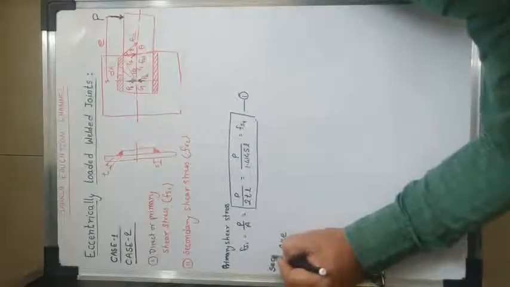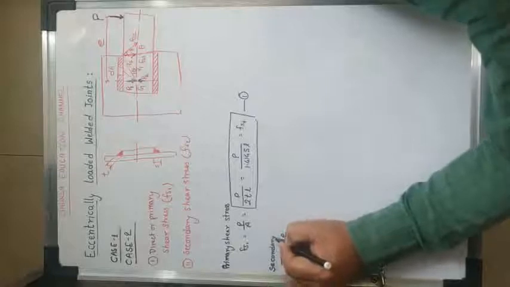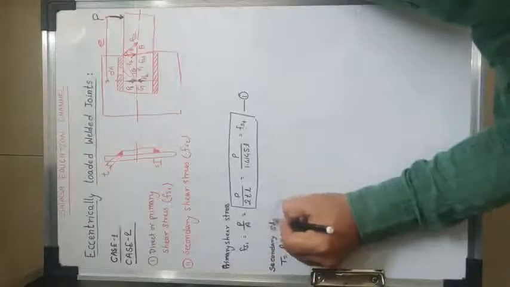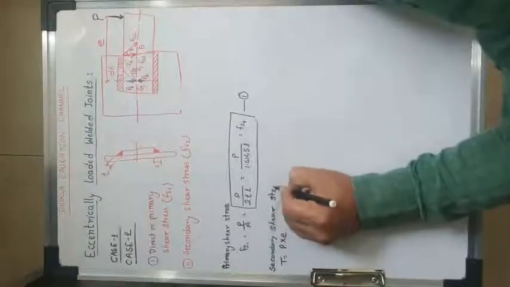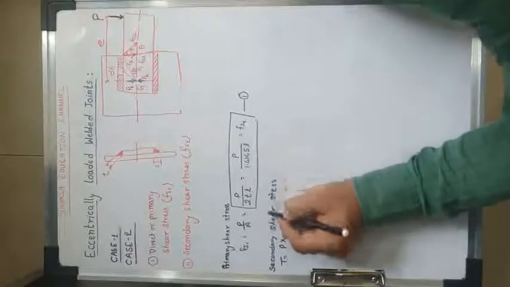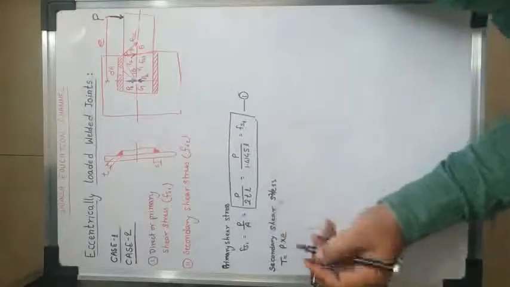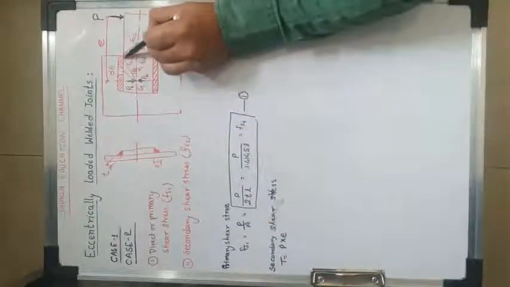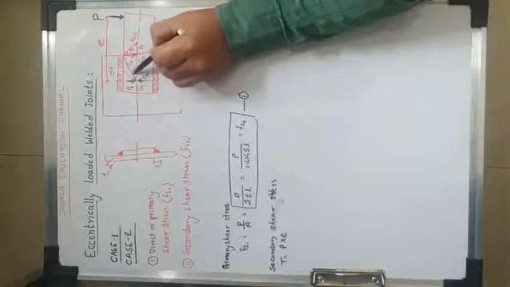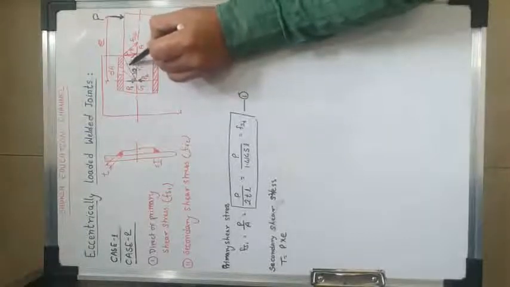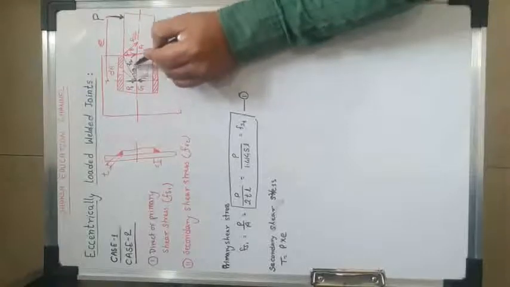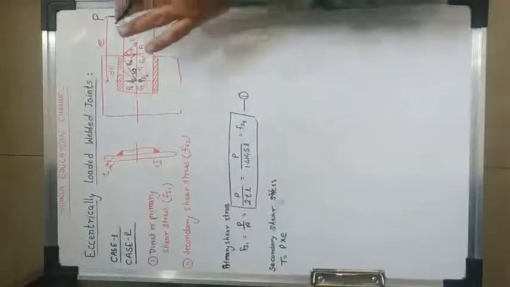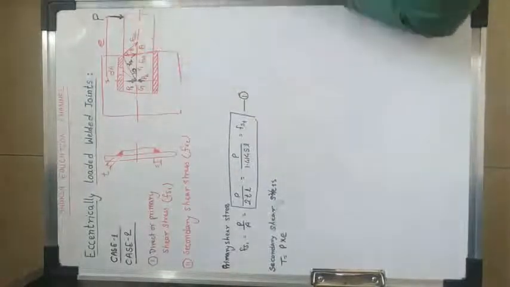I write down here shear stress. Okay, so if you see here, this is a theta degree and the radius is R2, and if the radius changes, the torque will change.